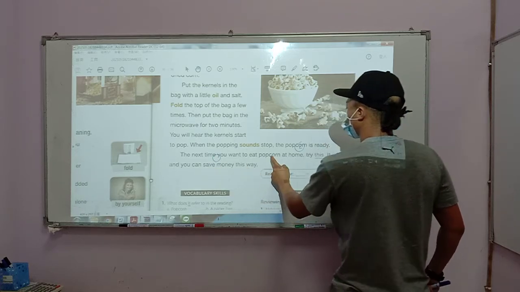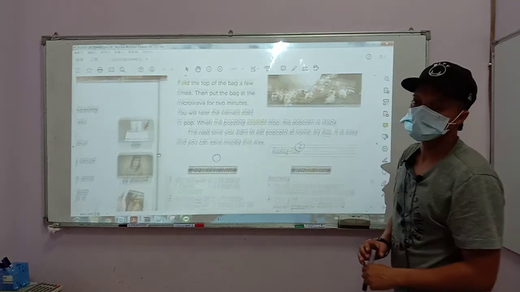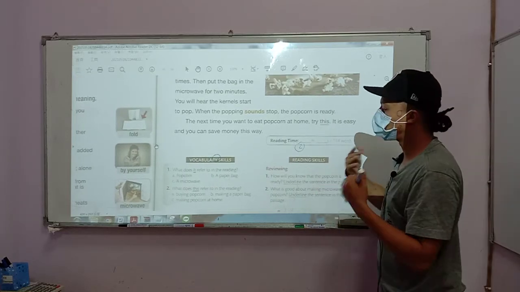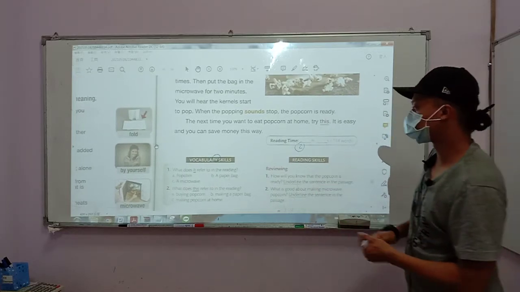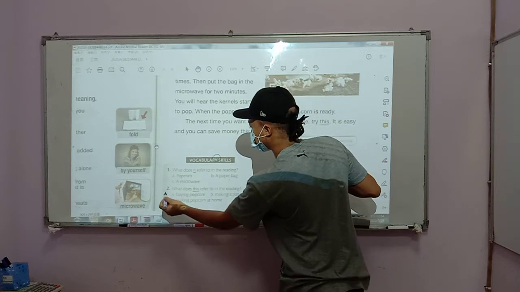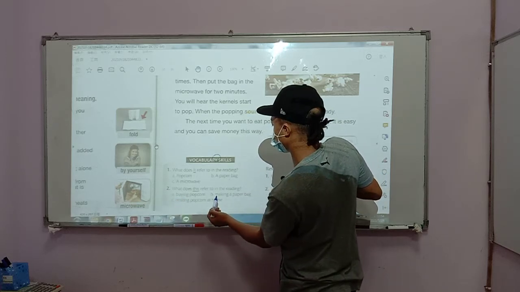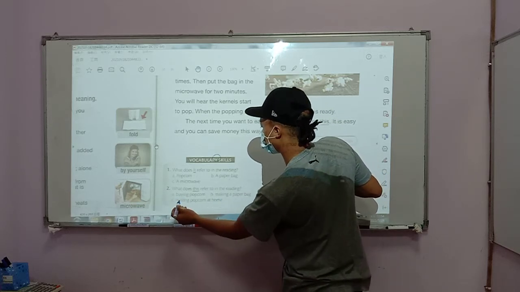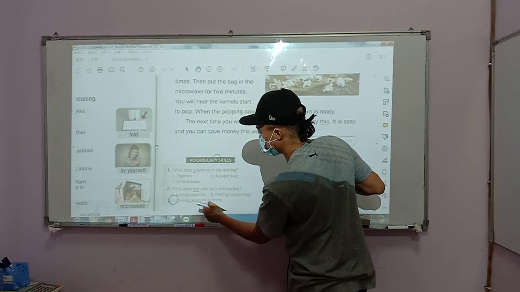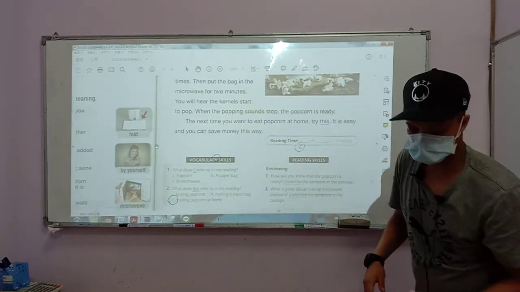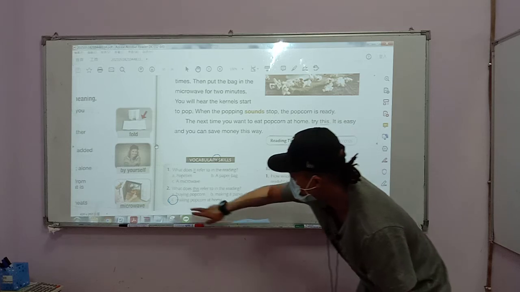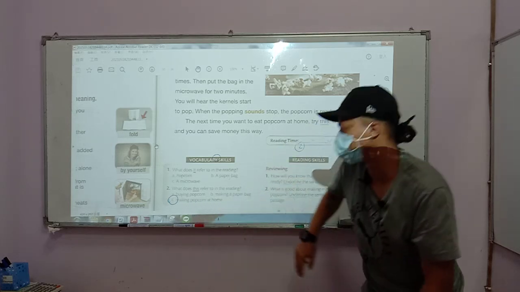The next time you want to eat popcorn, try this. So try this way of making popcorn. So your answer for number 2 is going to be making popcorn at home. Alright, so try this way of making popcorn at home.